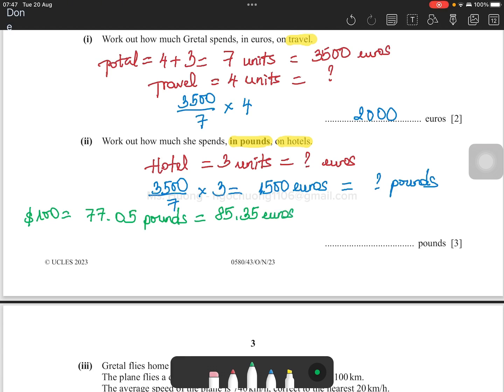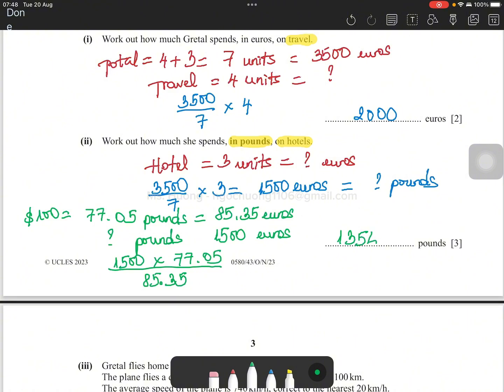So in this case, if we have 1,500 euros, then it is equal to how many pounds? We will need to multiply 1,500 by 77.05. Then we divide it by 85.35 euros. So the answer is 1,354.13 pounds.